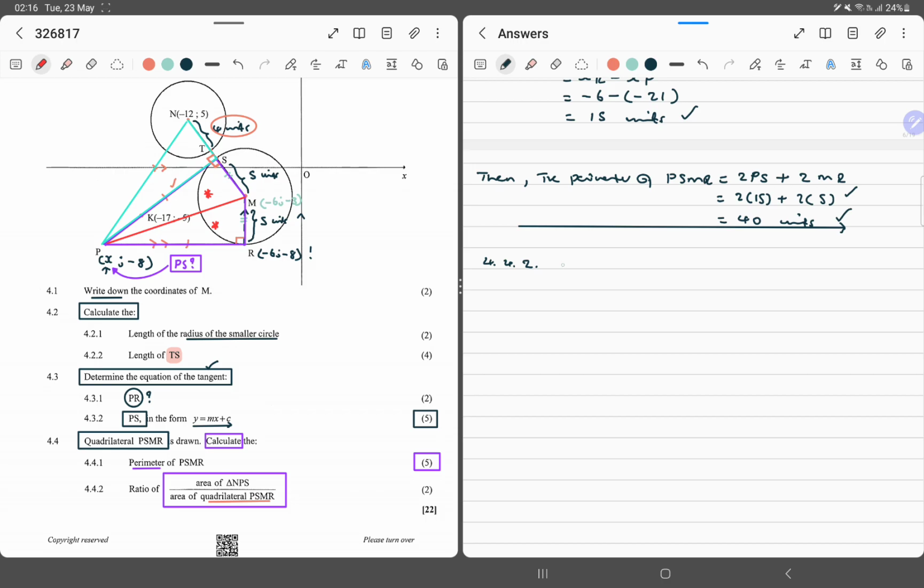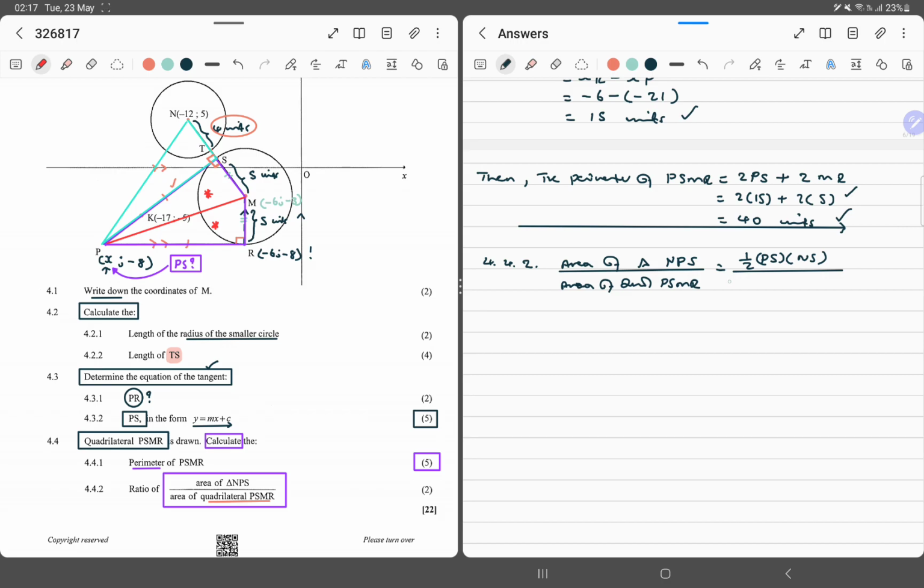We're going to say, okay, area of triangle NPS over area of quad PSMR is going to be, that one is going to be half the base, which is PS, times the height, which is NS.